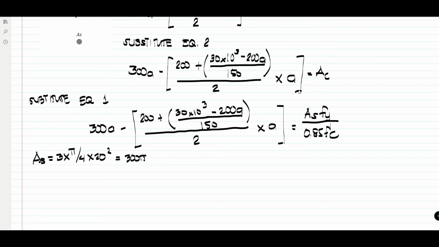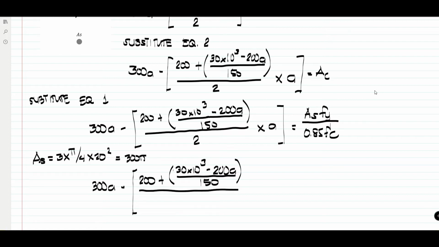Now, from this one, substituting all the values dun sa equation natin, we can have 300A minus, so that is 200 plus, so that is 30 times 10 cube minus 200A over 150, divided by 2 times A.